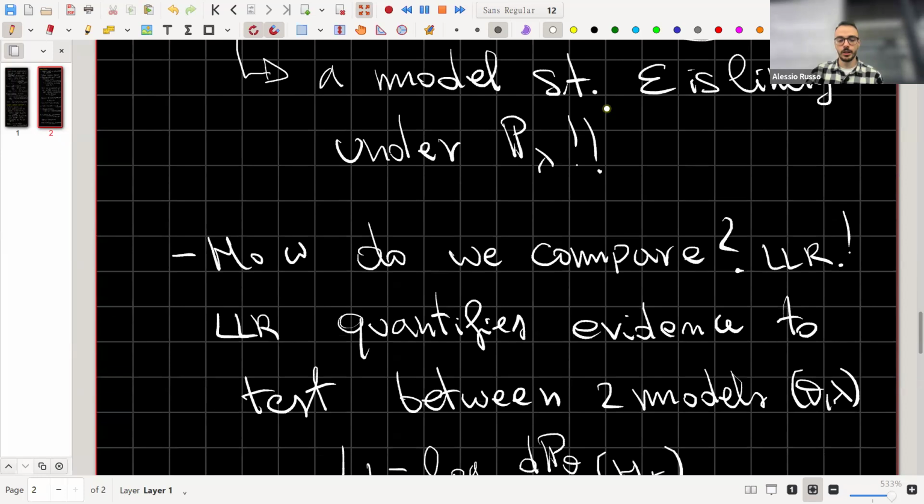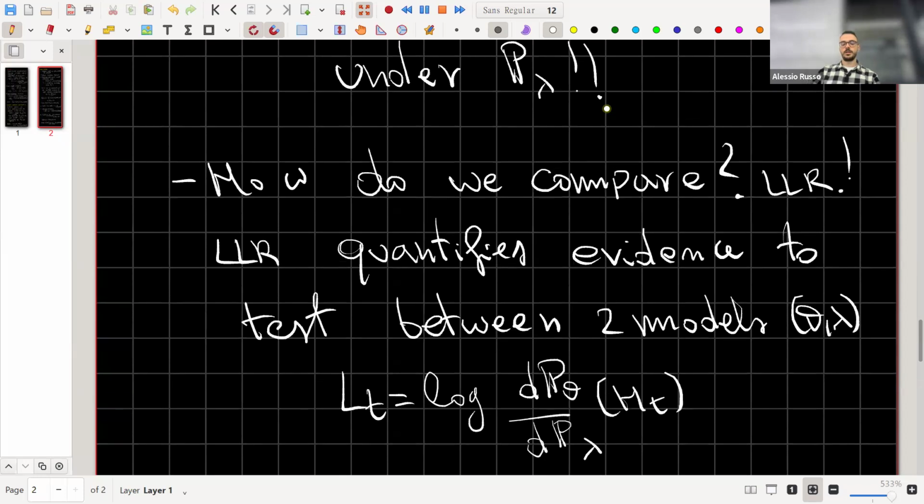The idea is to use the log likelihood ratio. Why the log likelihood ratio, not something else? It gives us nice properties. We can do many things with the log likelihood ratio, and it's quite a natural way to measure evidence between two models. And as we will see, we will use it because it has many theoretical properties that we can use. So the log likelihood ratio quantifies the evidence to test between two models, theta and lambda.